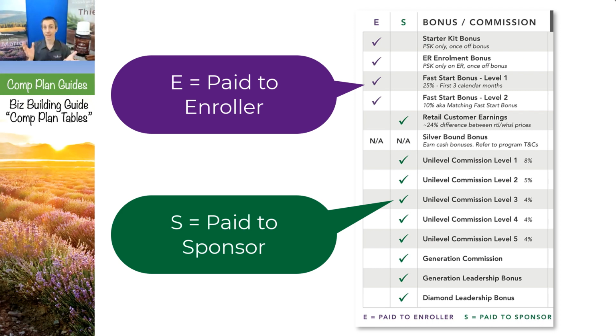So again, this helps you instantly know what particular commissions and bonuses are paid to the enroller and what ones are paid to the sponsor. Just have a look at which column is ticked for that particular bonus or commission. So that's what the E and the S mean.